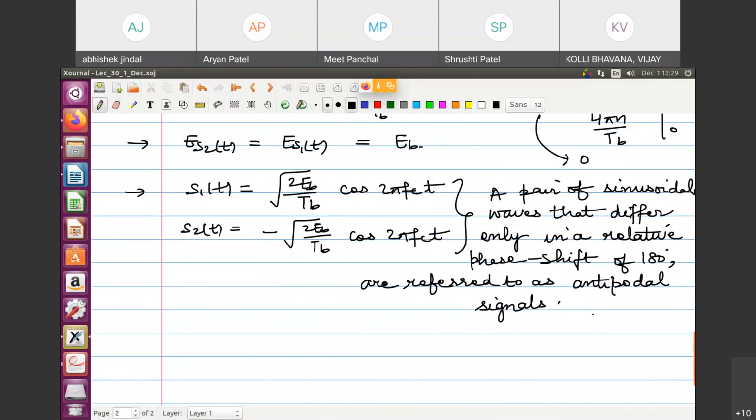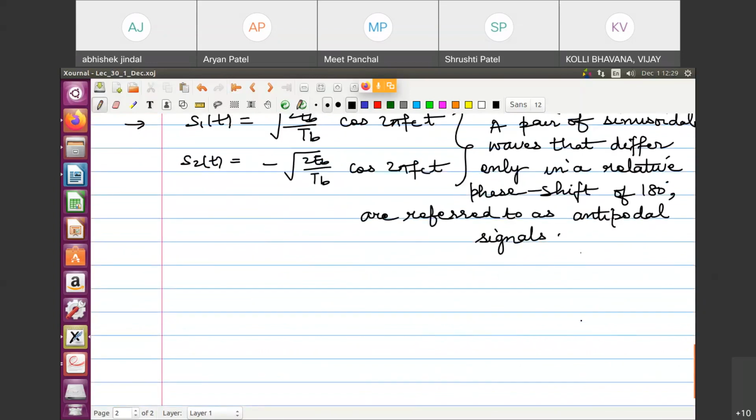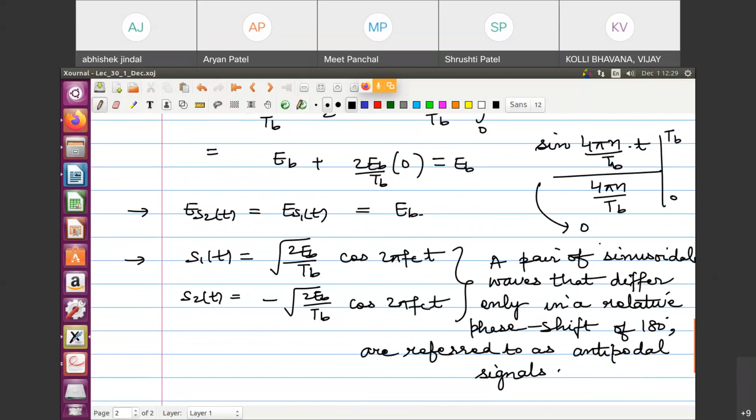So BPSK and antipodal are exactly the same, because antipodal means that if at all you have one phase, then exactly the opposite one will be the antipodal. This is the name given to it. This is also studied as a separate modulation scheme, but it is the same as BPSK. So BPSK is nothing but an antipodal modulation scheme.